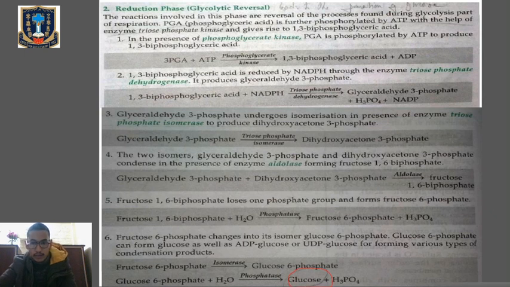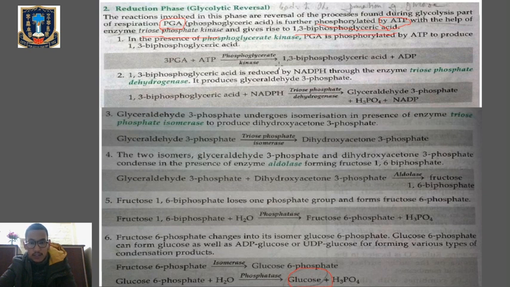In this reduction phase of the C3 cycle, or the Calvin cycle, the PGA, that is phosphoglyceric acid, which is formed during the carboxylation phase, will be phosphorylated by ATP.